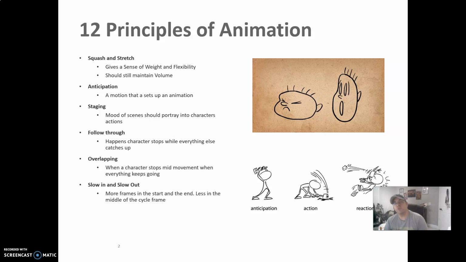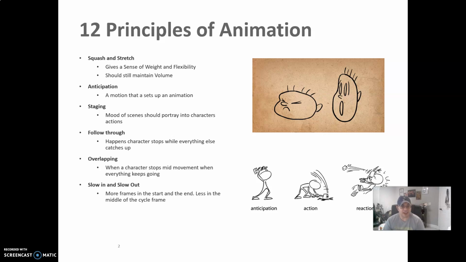And then a lot of times when you want to show acceleration, slow in, slow out is a great technique to work with. For example, when you're building animation, it's going to be built in frames. A lot of times when somebody takes 2 steps of walking, that's probably between 20 to 30 frames. So you have to keep in mind that most actions usually run between 12 to 24 frames.